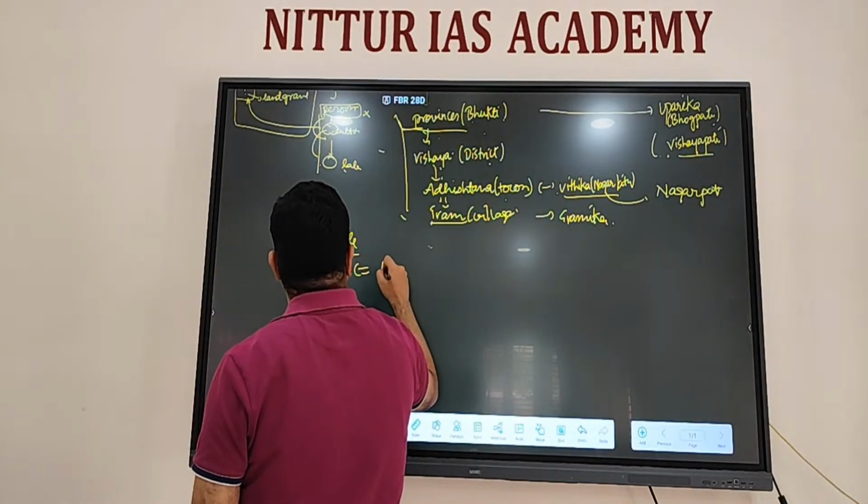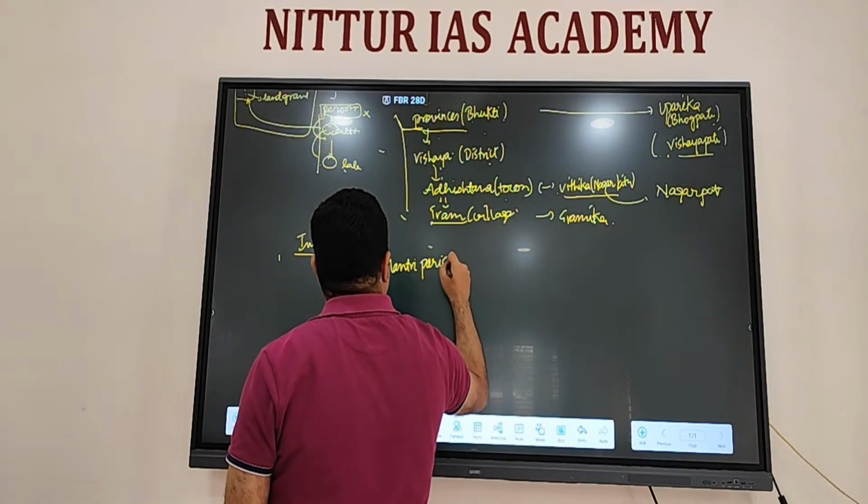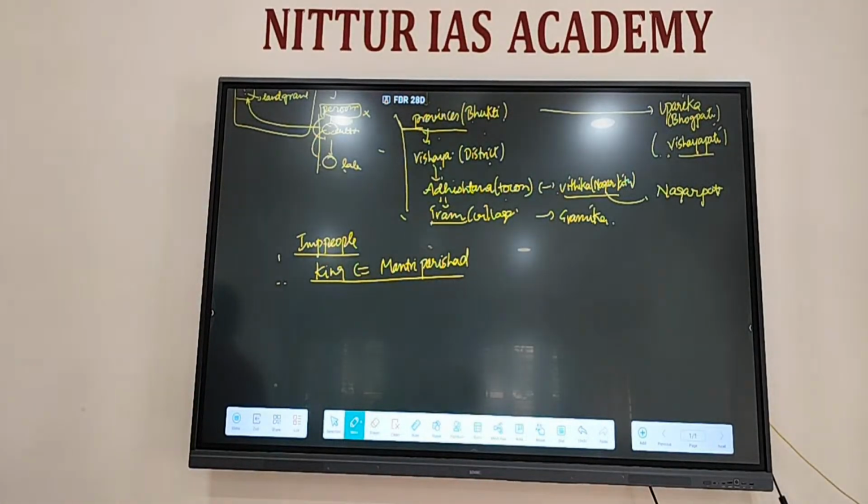King used to be assisted by Mantri Parishad, and they used to advise the king. Adhisthana means town.